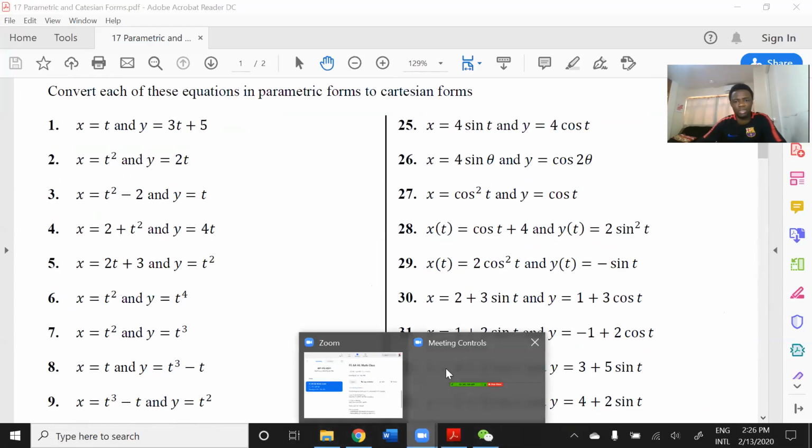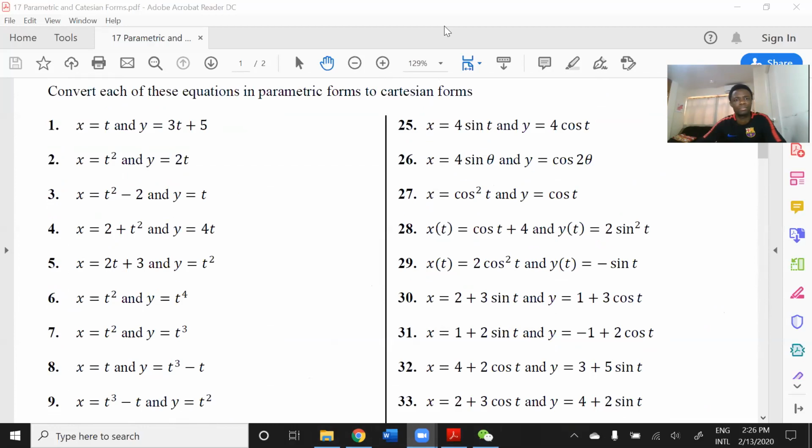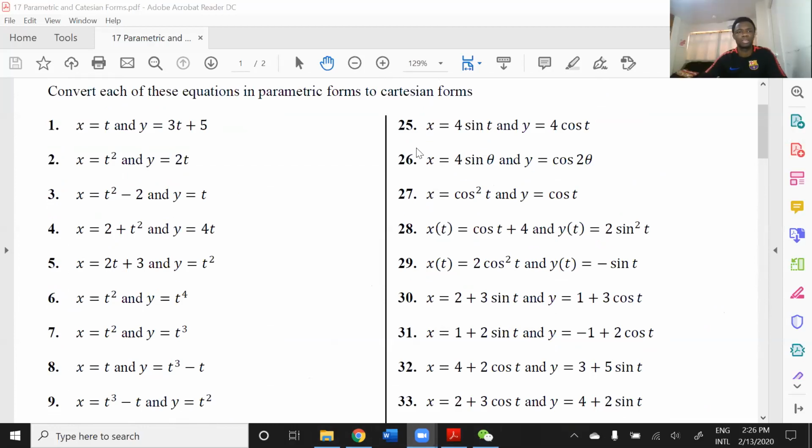So let's go to the board, everybody, and let's write the topic: algebraic and parametric forms. I think I'll call it Cartesian.